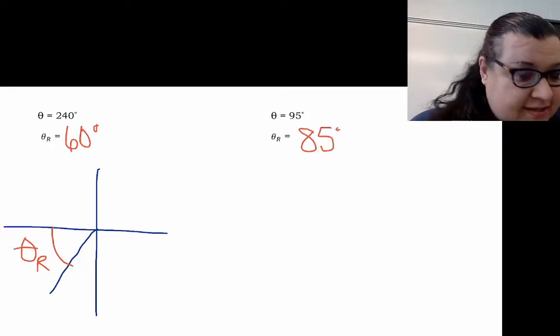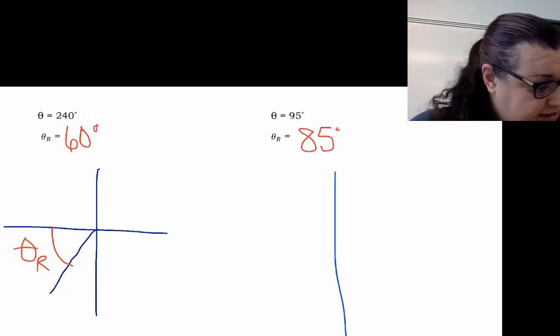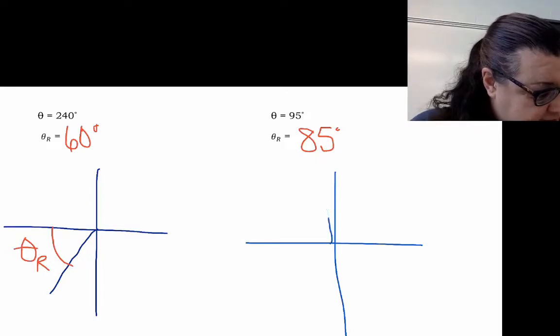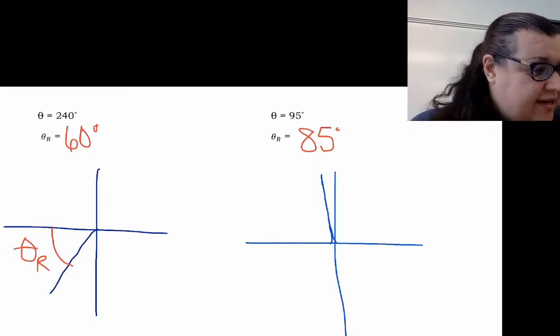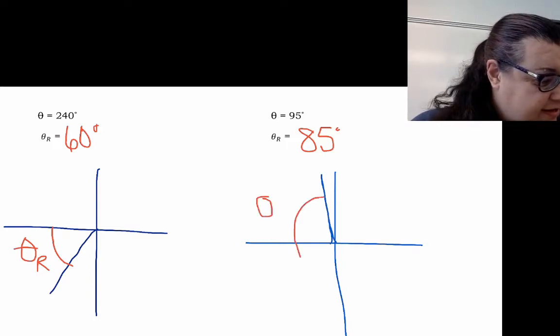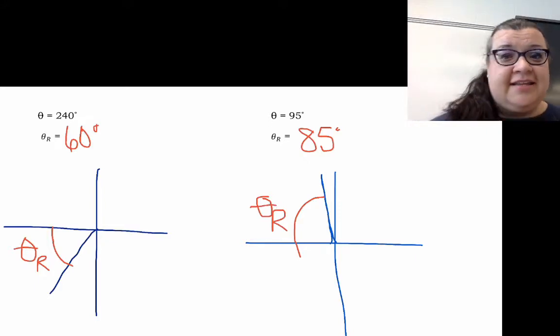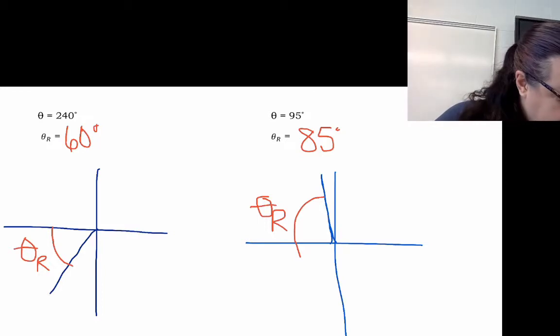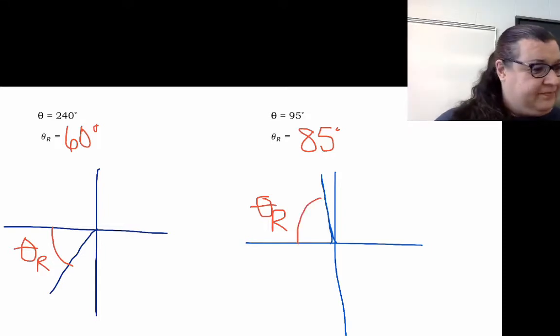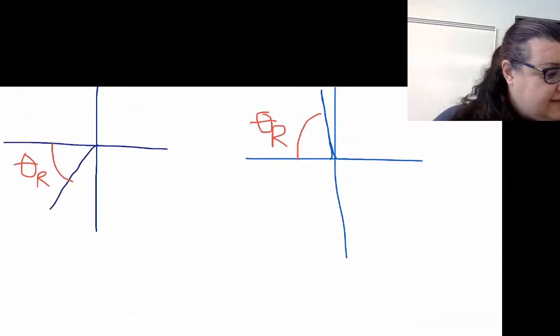Because if I put this in a sketch, 95 is just going to be a little bit off of 90, and so I'm going to have quite a big reference angle here. Because again, remember, it's an acute angle to the closest x-axis. So that's our reference angle, minus this little piece right there. There we go. There's our theta. Our reference angle, rather.